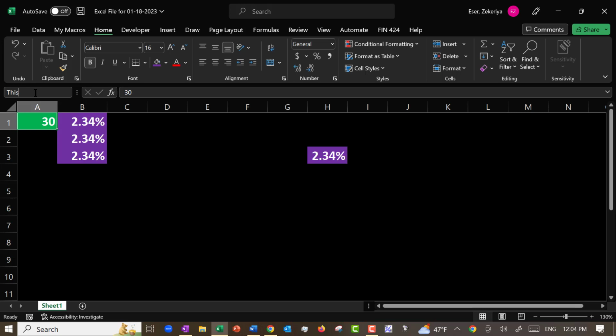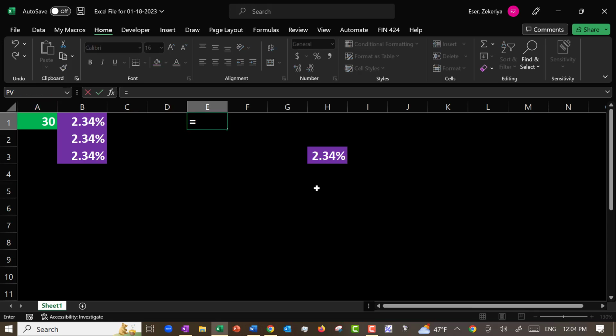This is the required rate to double. Now, if I write a formula that refers to that one, it actually goes to the formula.